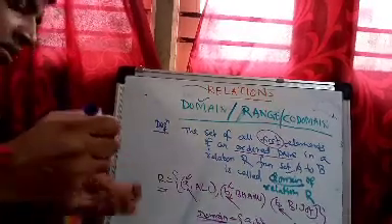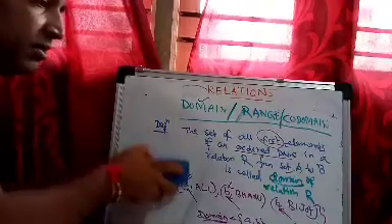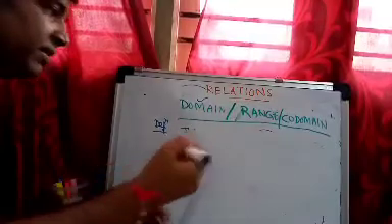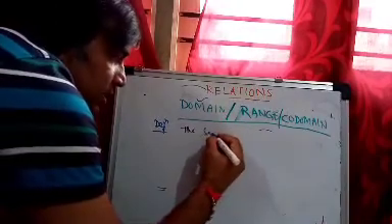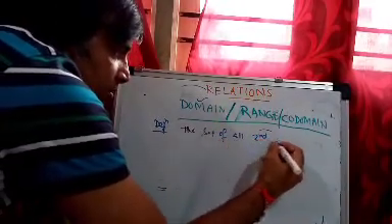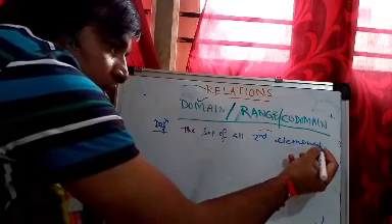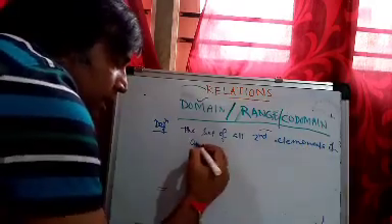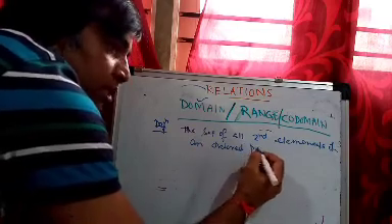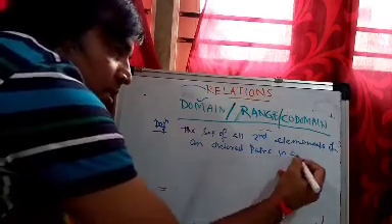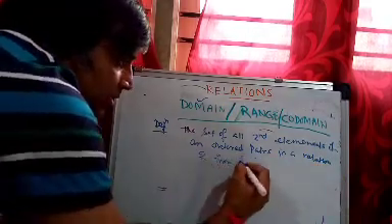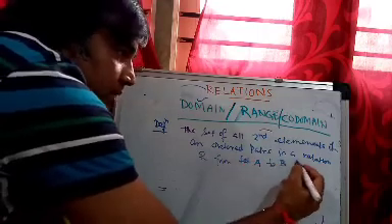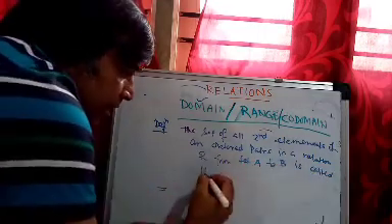Okay, now the next definition is: what is range? All second elements. The set of all second elements of an ordered pair in a relation from set A to B is called the range.